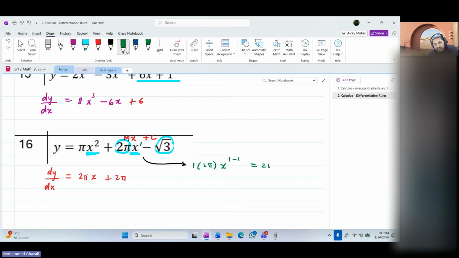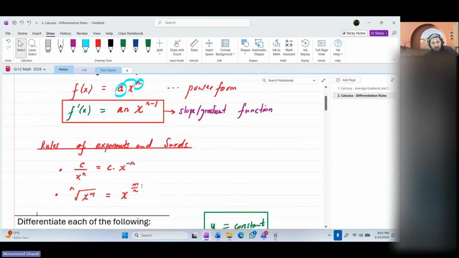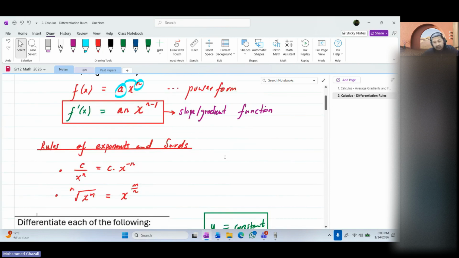You still get 2 pi, and the derivative of negative root 3 is 0. Even using the rule, you still got 2 pi. What rule is that? The derivative rule, or we call it the power rule.